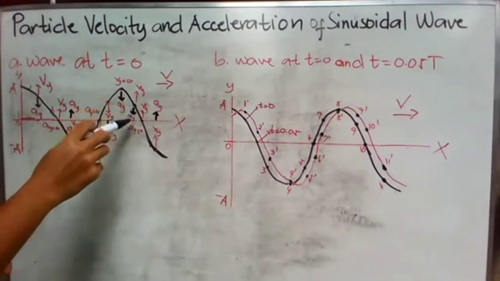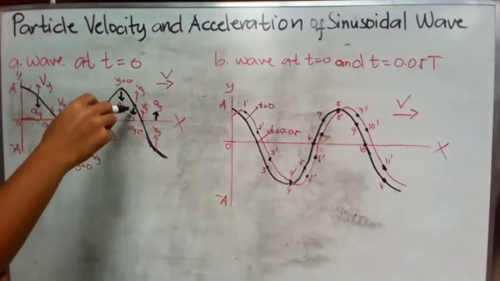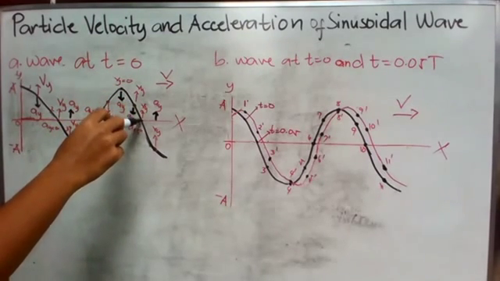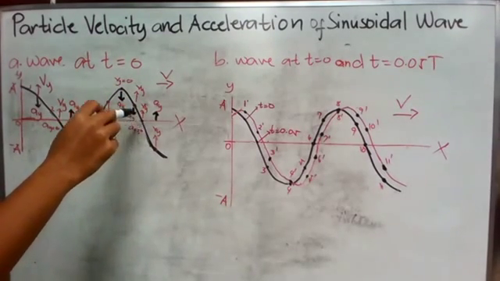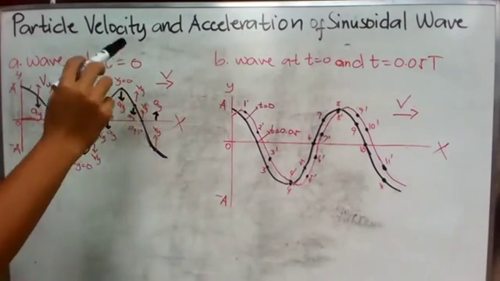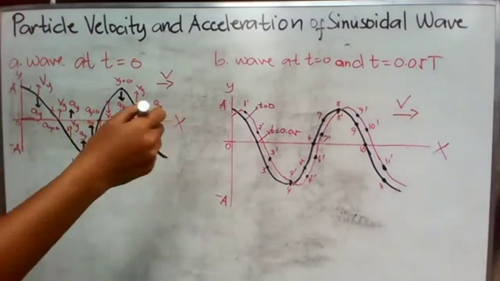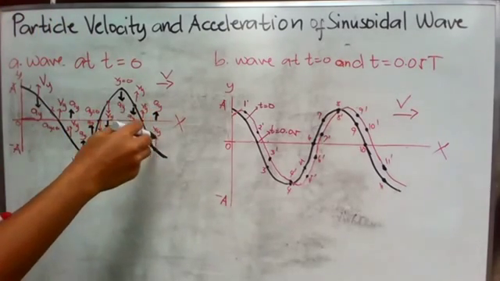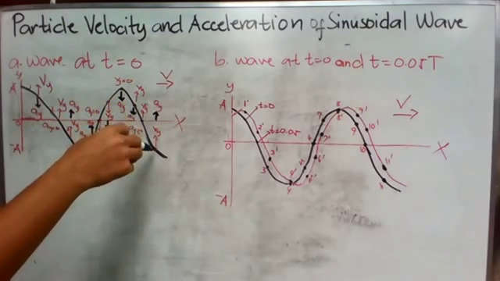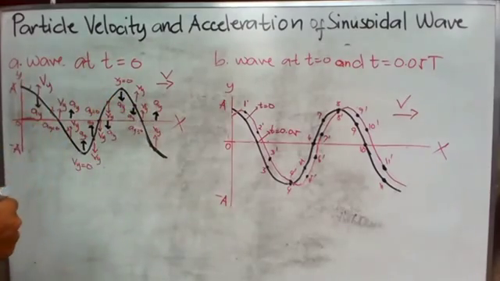At the next particle, the acceleration is going downward but the velocity is going upward. Then where x is equal to 0 we don't have acceleration, and Vy is going upward. For the last particle, the velocity along y is going up and the acceleration along y is still going up.